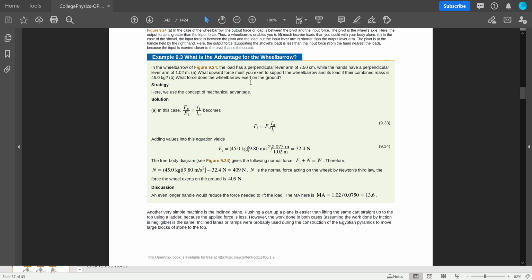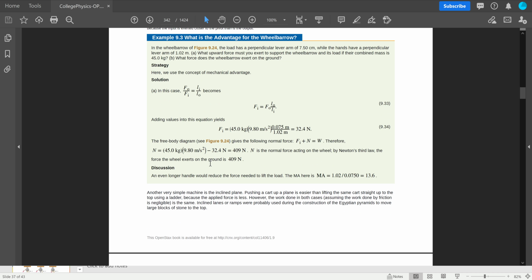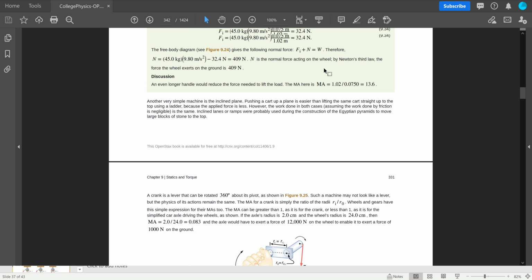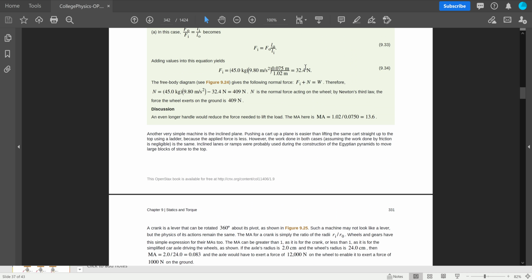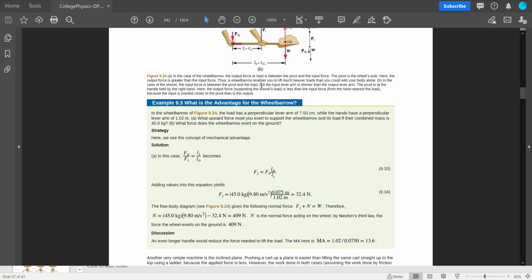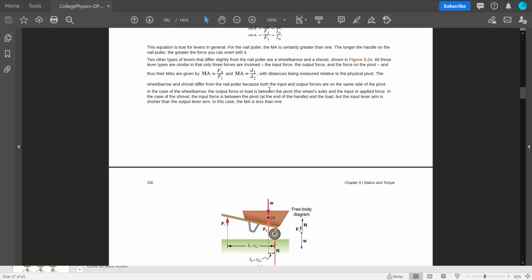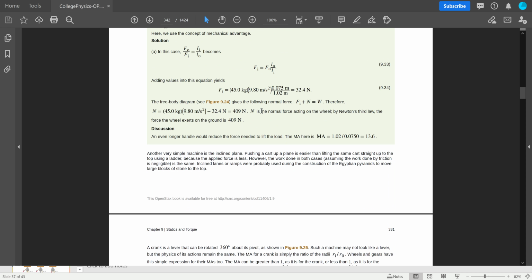And B, what force does the wheelbarrow exert on the ground? Here we would have the free body diagram, which is this one up here, and it gives us the following: F input plus our normal force equals our weight. Therefore, our normal force equals our weight minus this input force, which gives us 409 newtons.